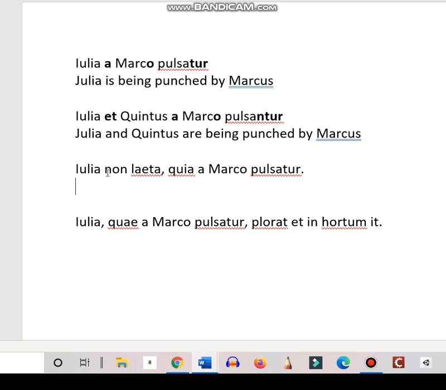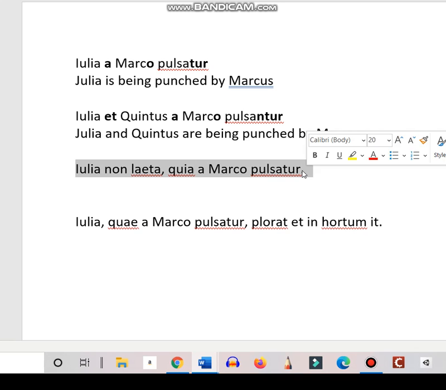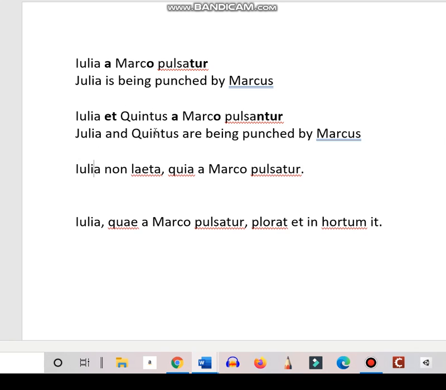So now let's go to the third sentence. Julia non leta, quia a Marco pulsator. This is slightly more complex. Instead of just having sort of the basic passive sentence, now we have a comma, the dreaded comma, I know, and we have an explanatory word, quia, which means because.